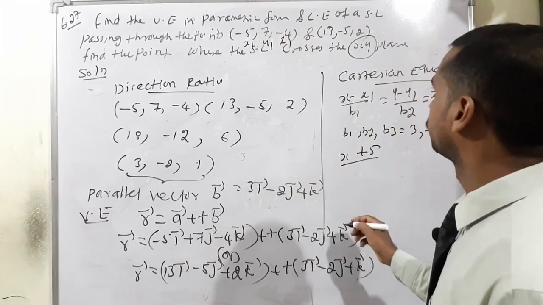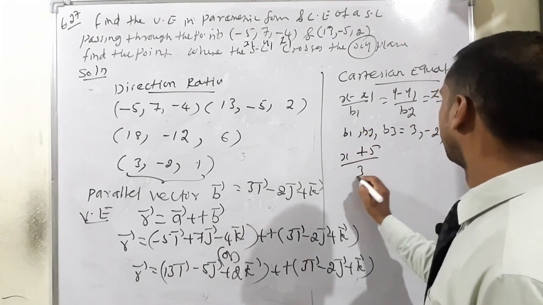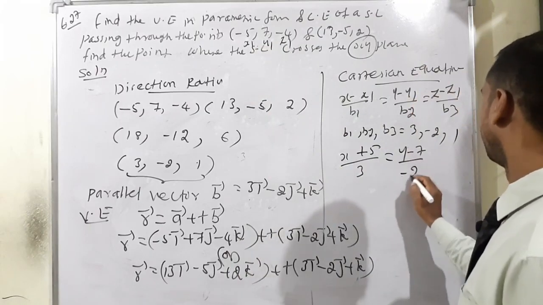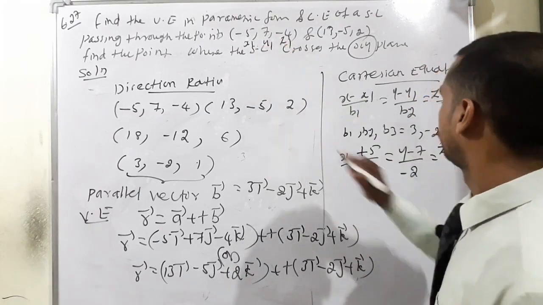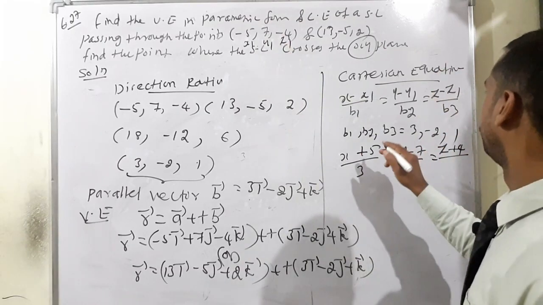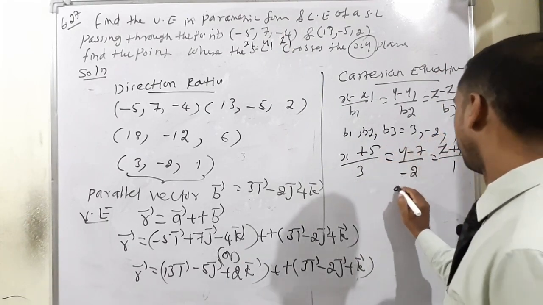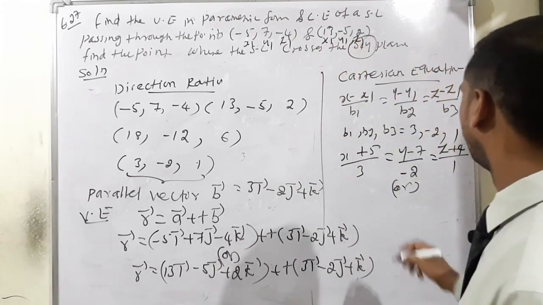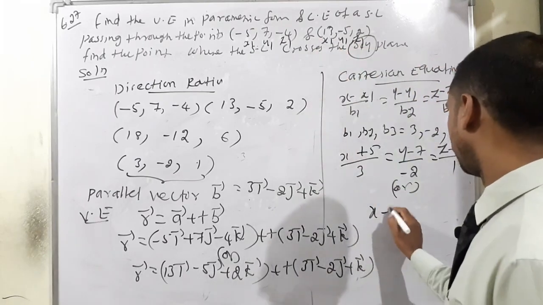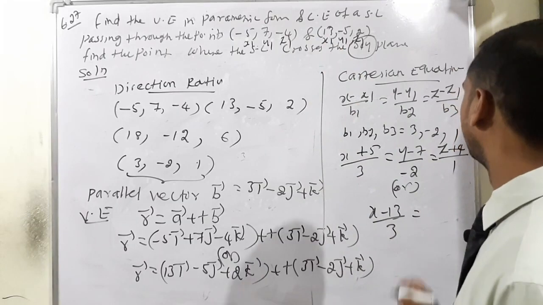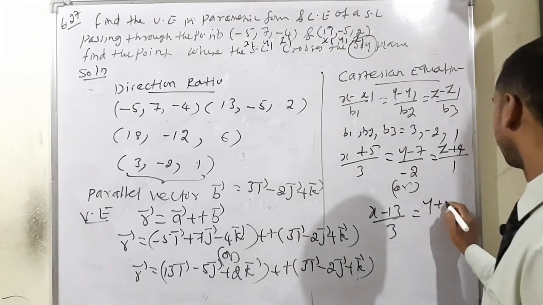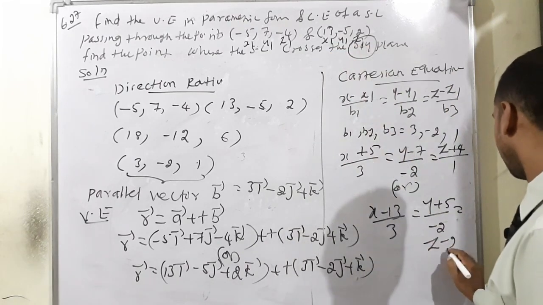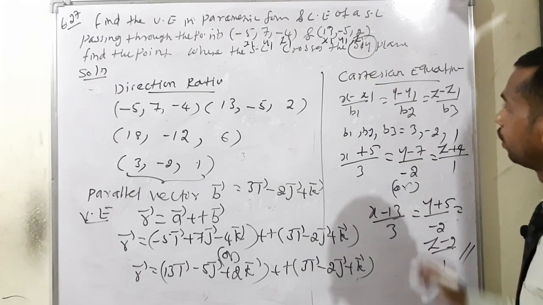Therefore (x + 5)/3 = (y - 7)/(-2) = and for z, already -4 is there, therefore (z + 4)/1. Or the next condition, the second point, x1, y1, z1: x is positive 13, therefore (x - 13)/3 = y, here -5, so (y + 5)/(-2) = last condition, there is positive 2, therefore (z - 2)/1. This is the answer for the Cartesian equation.